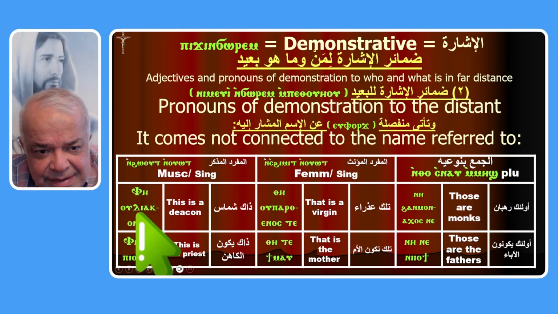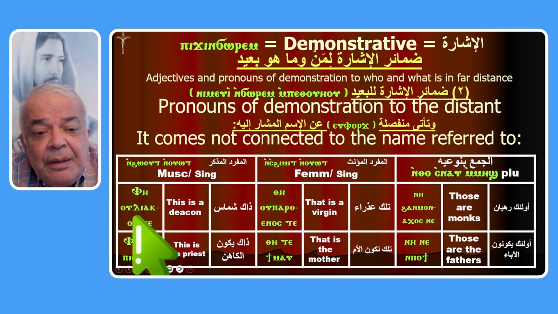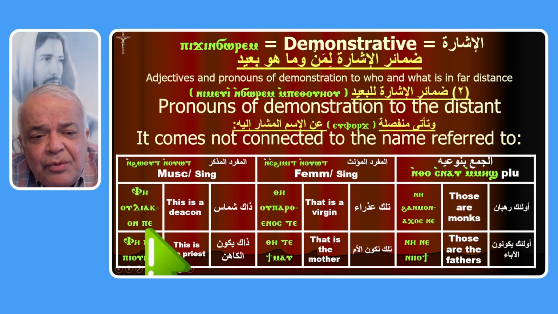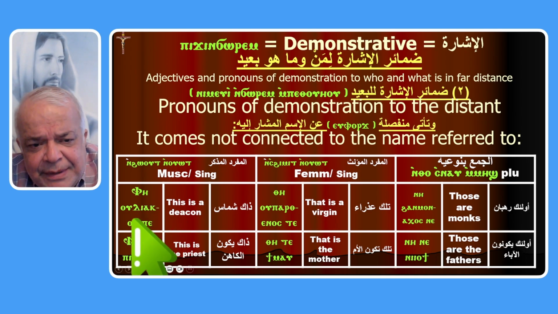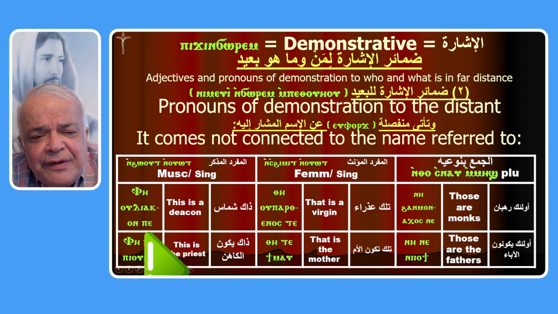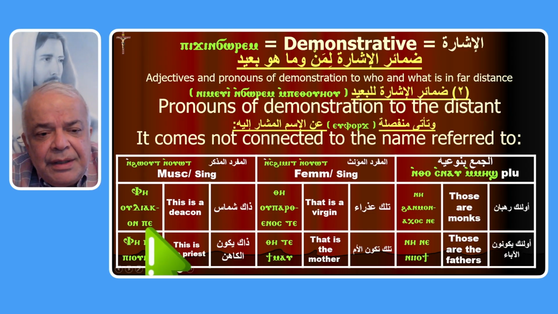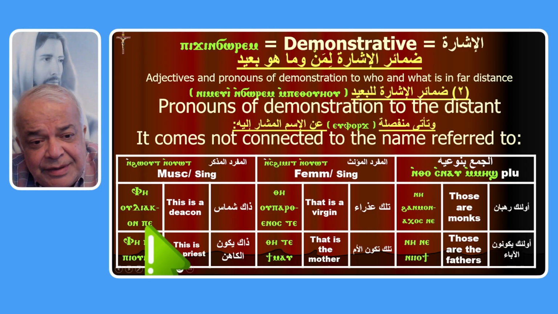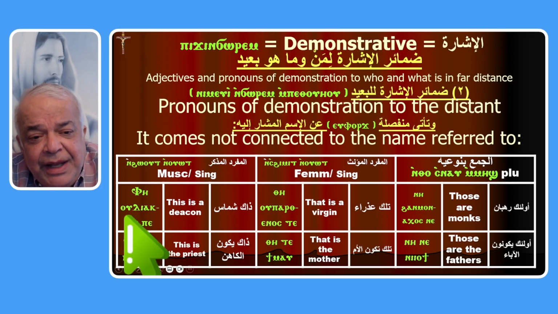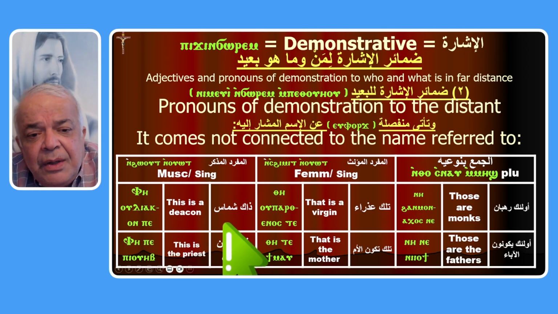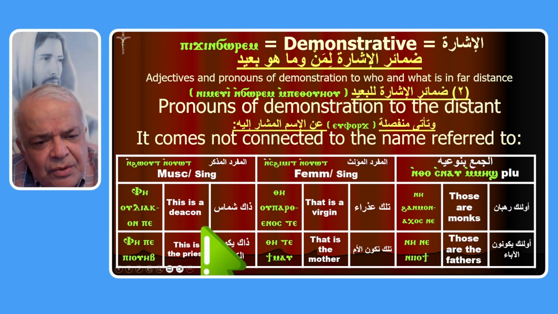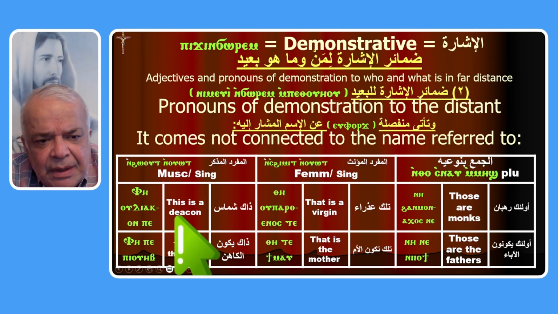You see? Pe ziakon. That's a definite form. But here it's indefinite, so I'll flip it and put the verb to be after the described noun or the pointed out noun. So here we'll say fi oz yakun pe. That is a deacon, some deacon. I don't know him. Somebody.